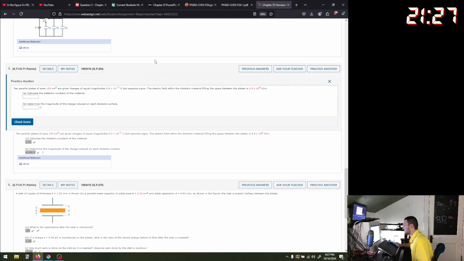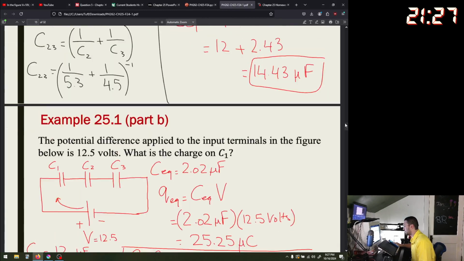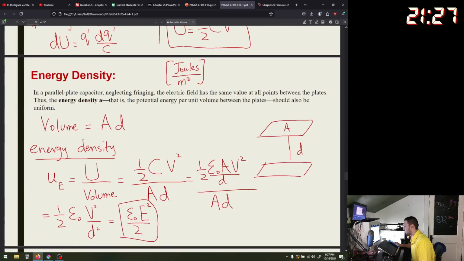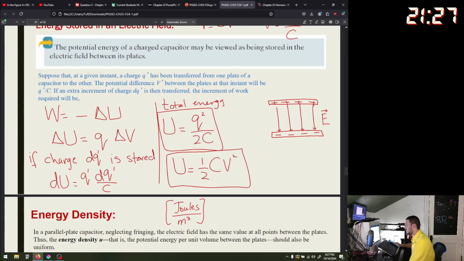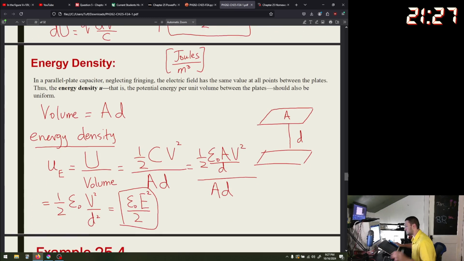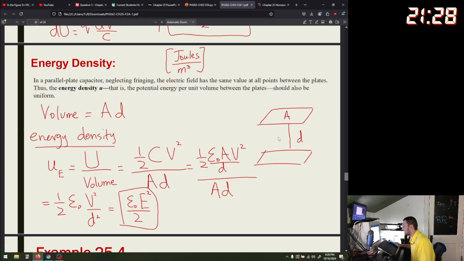Now, let's see what we have in our notes for parallel plates. I think those are all up top. Work done. Calculate the dielectric constant K.